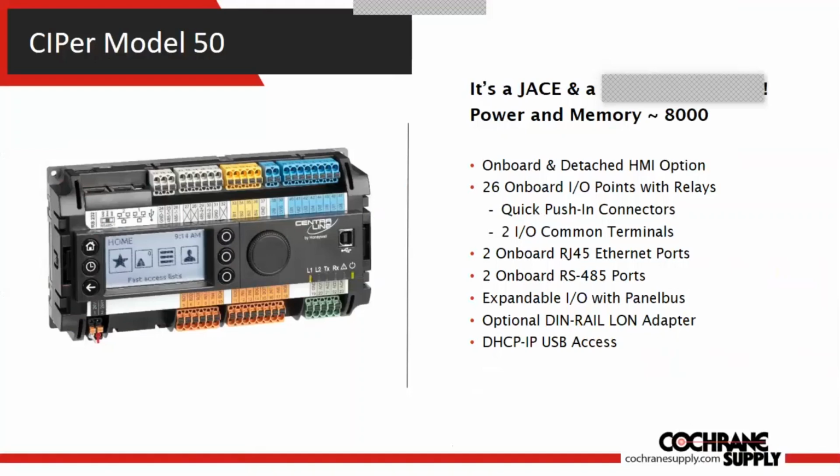The 50 is really a JACE and a BACnet controller in one, and it has approximately the same power and memory of a Webb's or JACE 8000. Some of the key differences are that you have an onboard as well as a detached display option, a human-machine interface option, which is configurable.